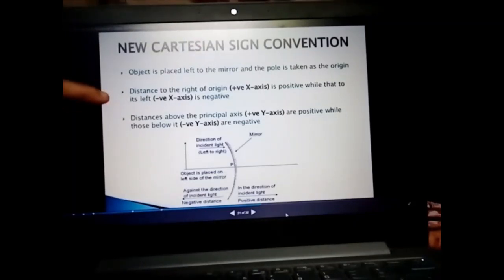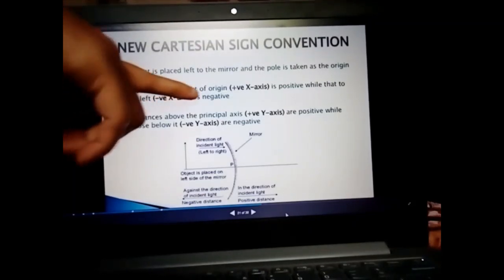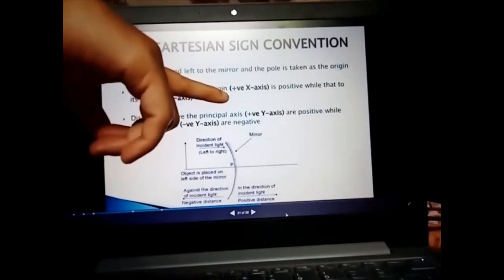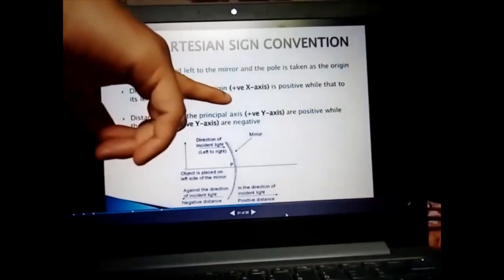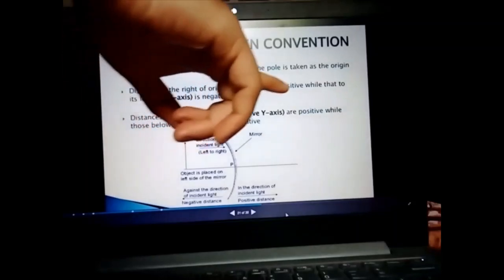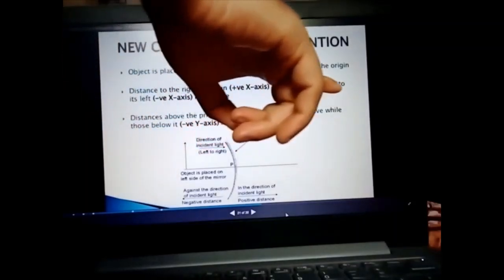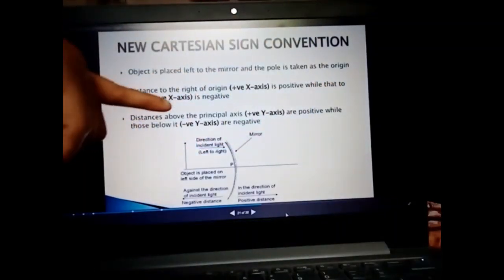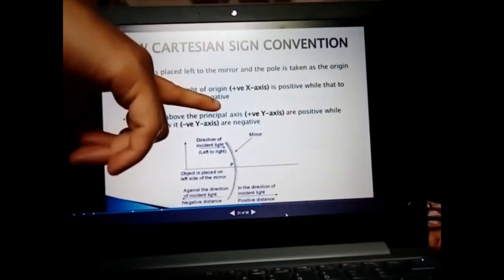The second point is telling that distance to the right of the origin, that is distance to the right of the pole, is considered as positive, and distance to the left of the pole is considered as negative.